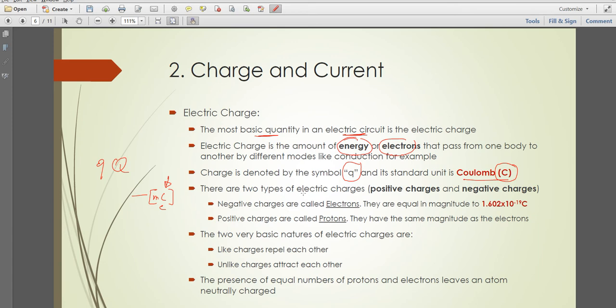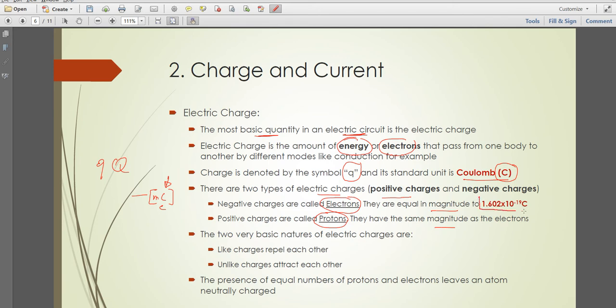The types of electric charges are positive, which we call protons, and negative, which we call electrons. Both electrons and protons have the same magnitude; the only difference is the sign. Both have 1.602 times 10 to the power of minus 19 coulomb.